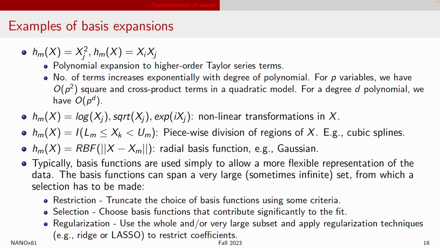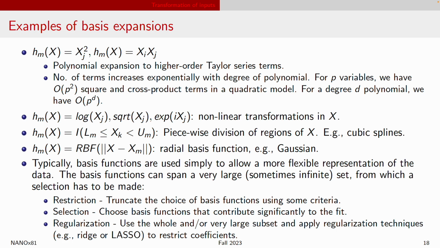So the type of basis functions that you can use in this case can be a very, very large set, okay, sometimes infinite set, and then you select those basis functions based on either you truncate the basis function according to some criteria.